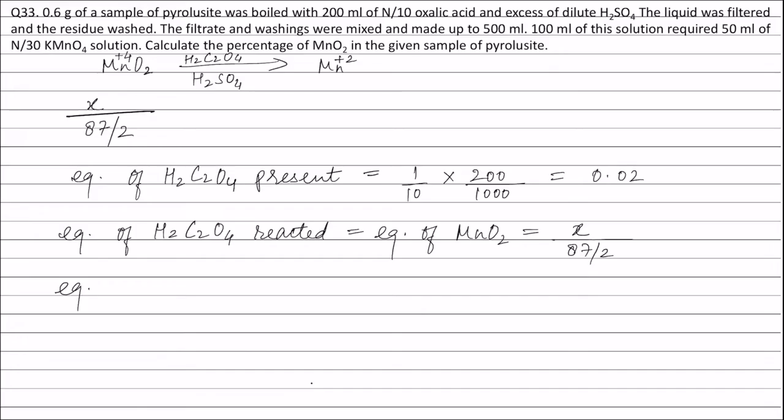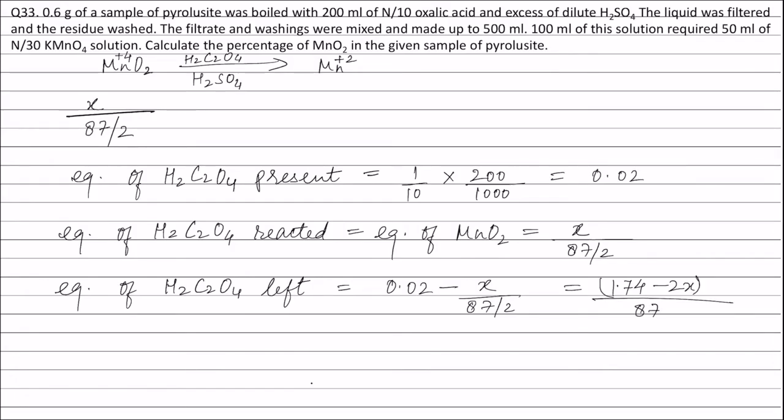Therefore, equivalents of oxalic acid left is equal to equivalents of oxalic acid present, that is 0.02 equivalents, minus equivalents of oxalic acid reacted, that is x divided by 87 by 2, and this is equal to 1.74 minus 2x divided by 87.